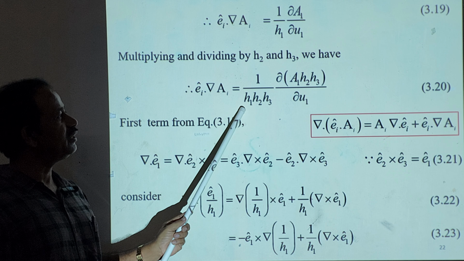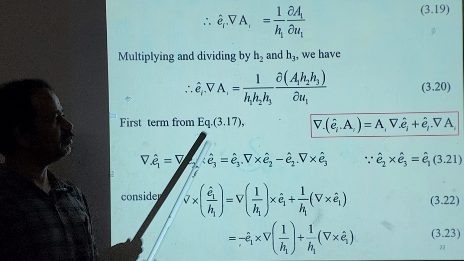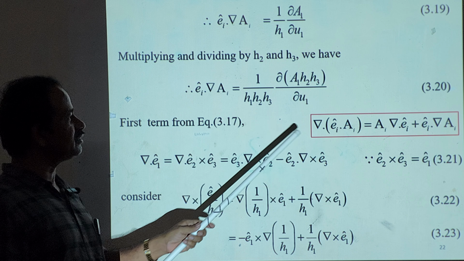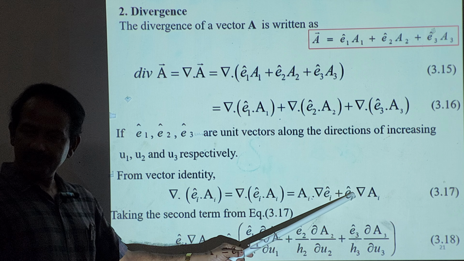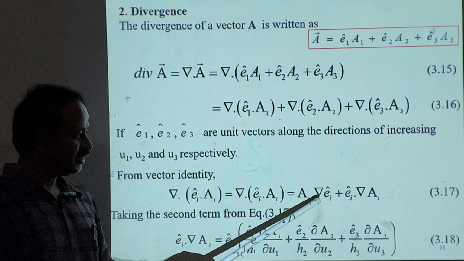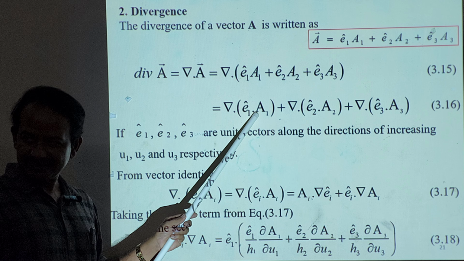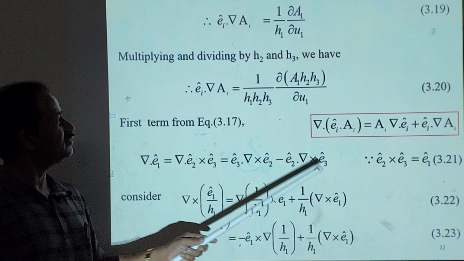So we have 1 by H1 H2 H3 times partial of A1 H2 H3 with respect to U1. This is the first term from equation 3.17. So 3.17 is given by this. We have got the expression for this, and we will have to get the expression for the other. Adding these two will give the expression for this. Yes, we have obtained the expression.